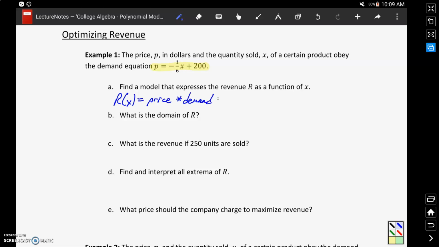In order to calculate price times demand, we can take the linear function above that we were given, P of X, times X, which is our demand, or the number of units produced and sold.